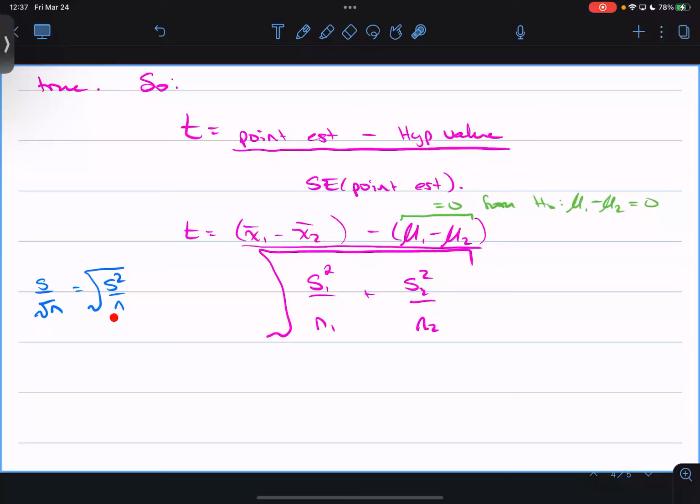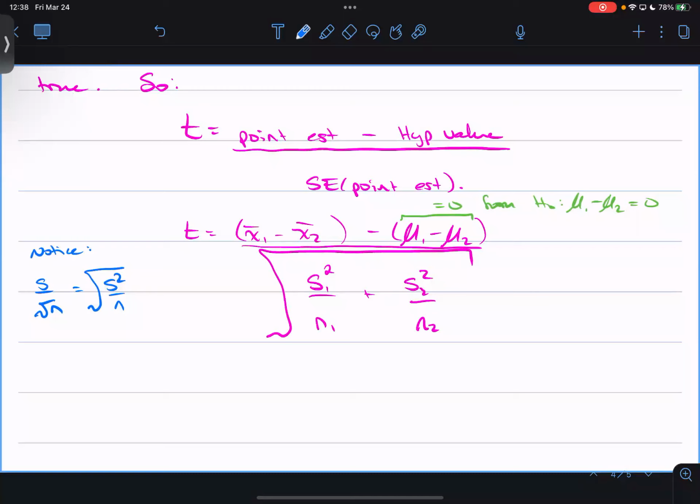So it is more alike than it initially looks. S1 squared over N1, S2 squared over N2. This is where people love to forget these squares. It's a big calculation, so you want to make sure that you're really careful when you're adding those squares.